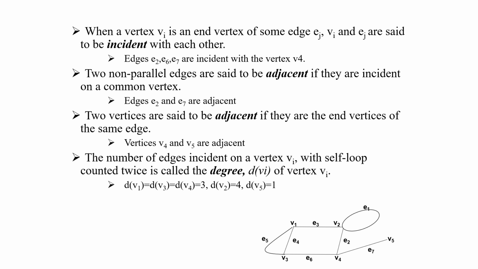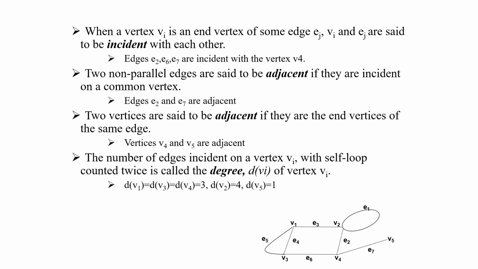Edges E2 and E7 are adjacent. Two vertices are said to be adjacent if they are the end vertices of the same edge. Vertices V4 and V5 are adjacent. Now please try to identify other adjacent edges and other adjacent vertices in the given graph.